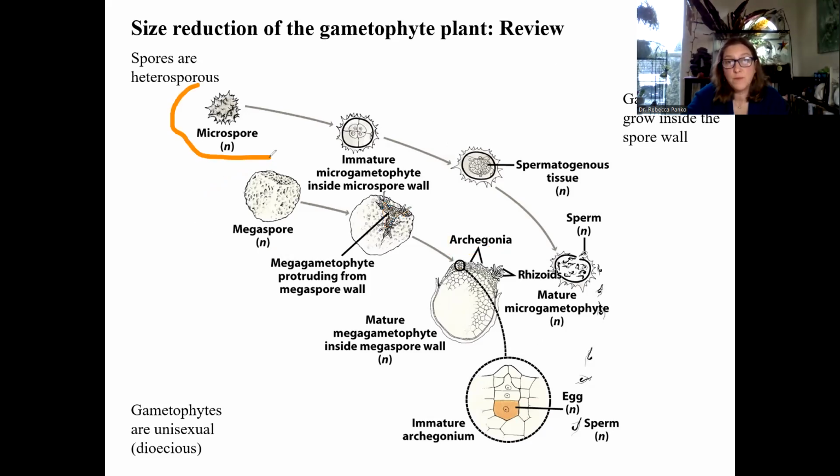Inside of the microspore is the male gametophyte plant, but the male gametophyte plant has been reduced to a single antheridium. That's a huge reduction, right? If you think here on the top, size reduction of the gametophyte plant, once we get to the microspore, think of a moss, right?